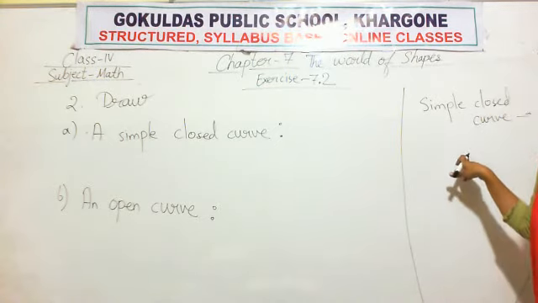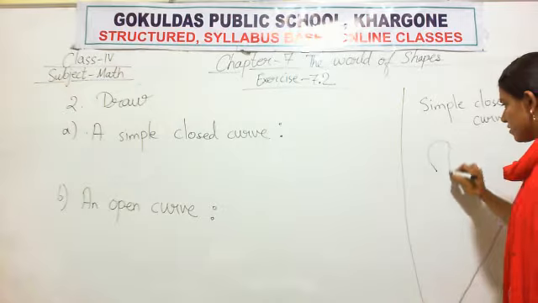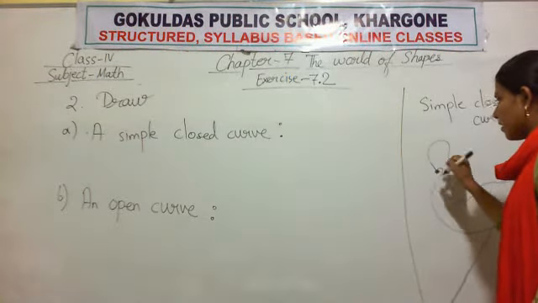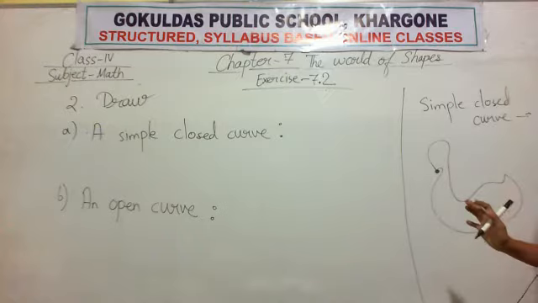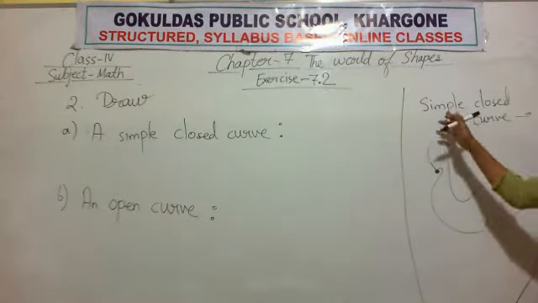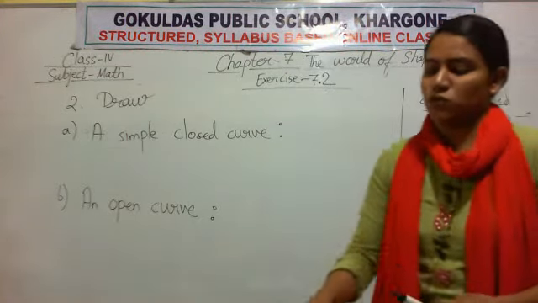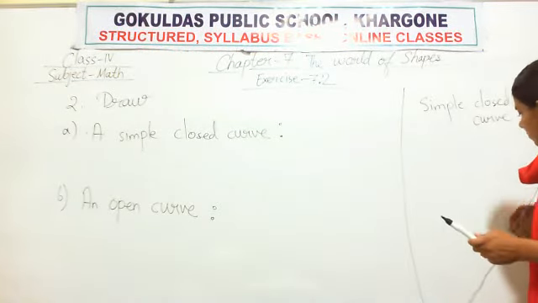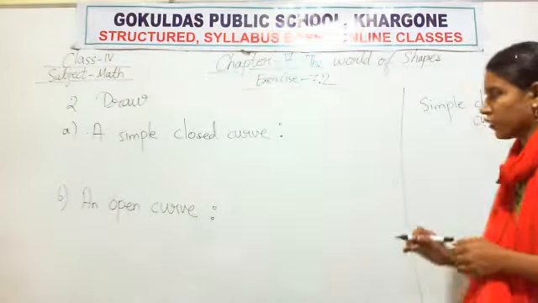You know what is a closed curve? A curve which has a common starting and ending point is a closed curve, right? Now what is simple? Pay attention on the board.